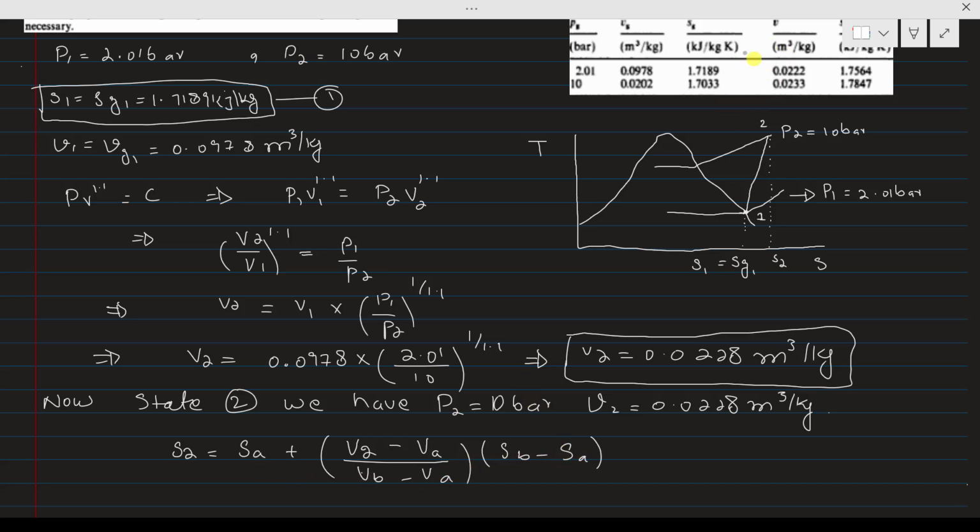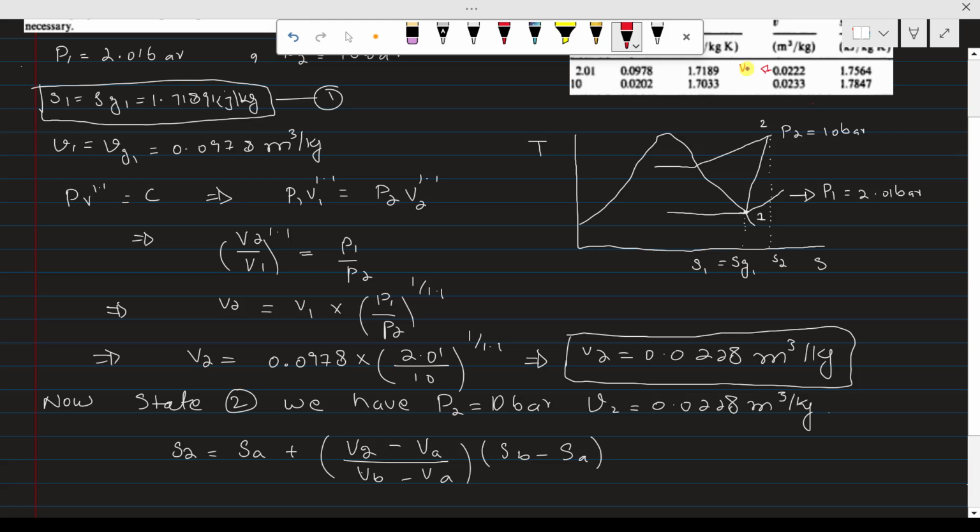Let me come to this steam table and point out each value. This is the VA value, this is the VB value. Similarly, this is the entropy SA value, this is the entropy SB value. Just get these values from the steam table and put them in the interpolating formula, and you will get the S2 value.